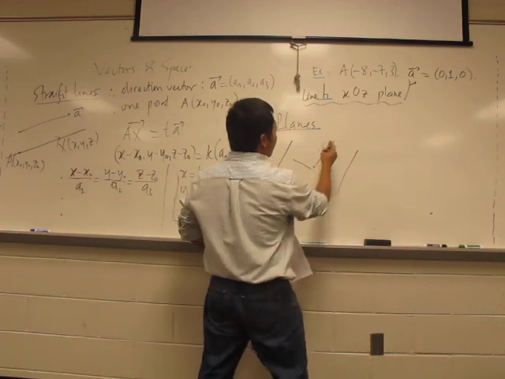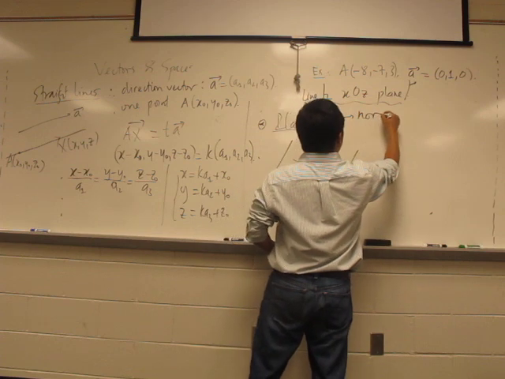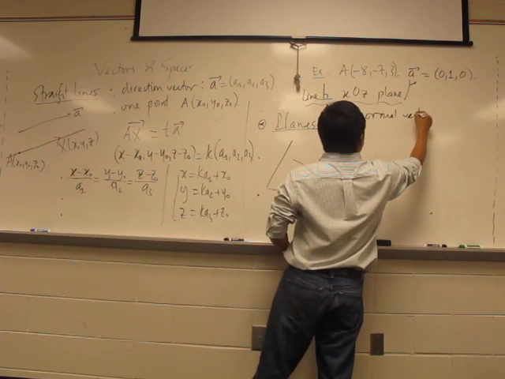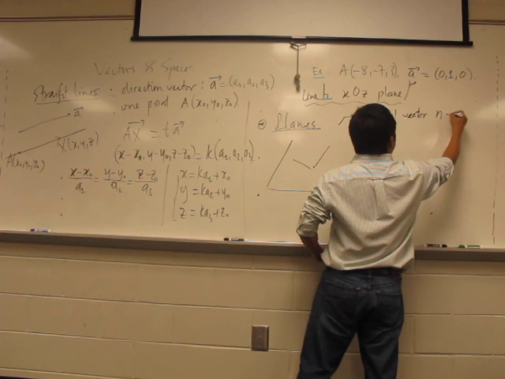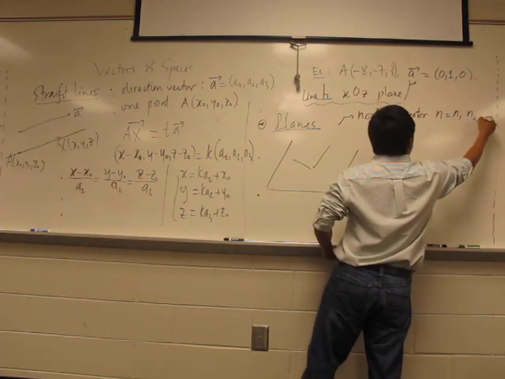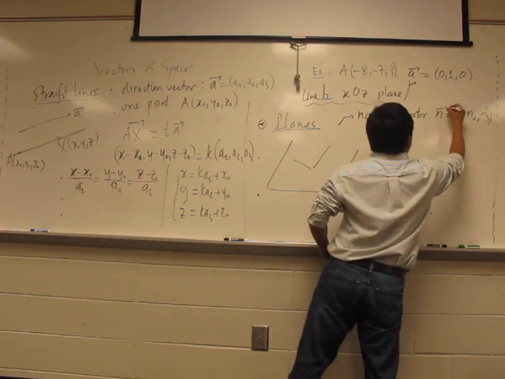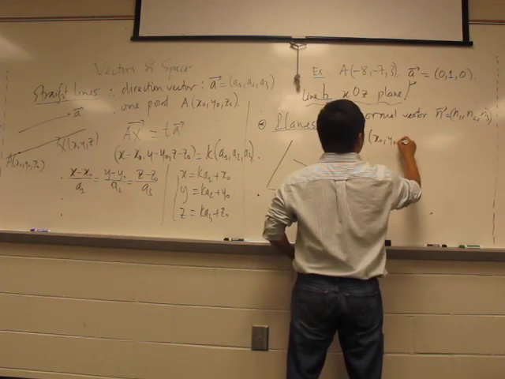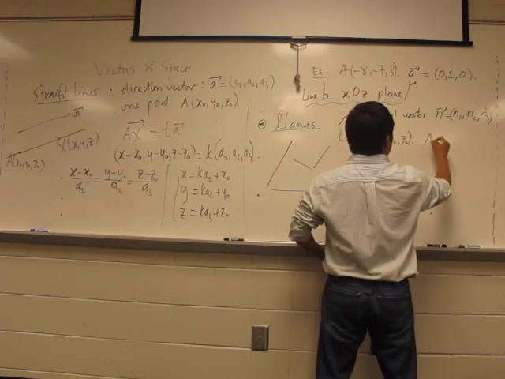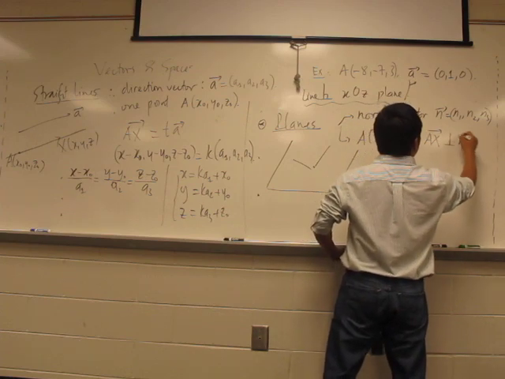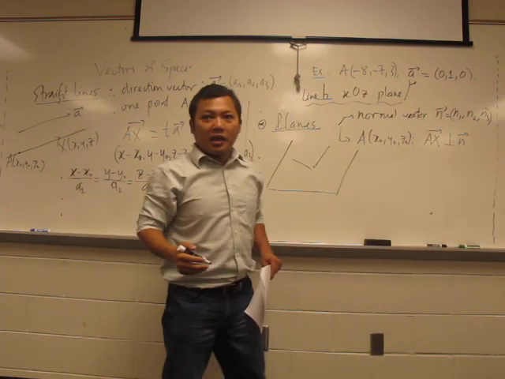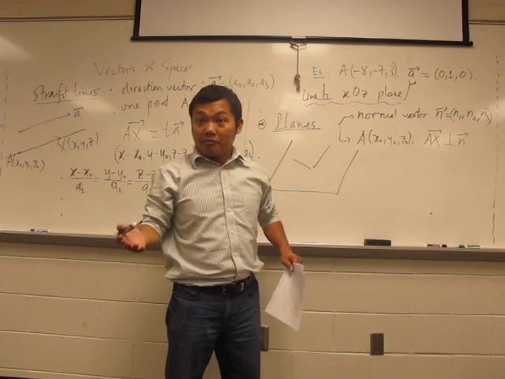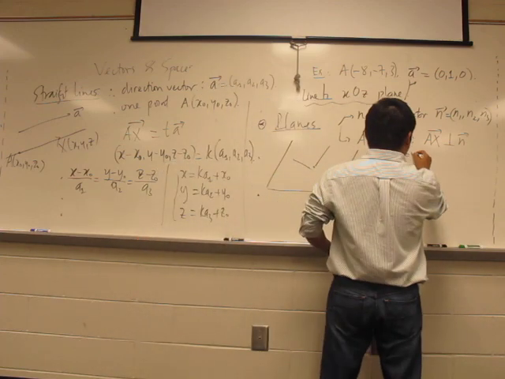So if you have a normal vector n = (n1, n2, n3) and a point A (x0, y0, z0), you can write that AX is perpendicular to n, which means the dot product is 0.